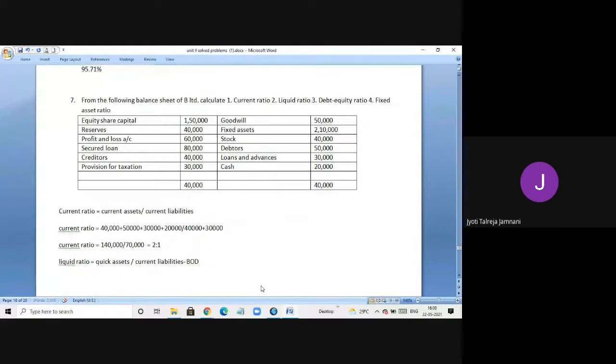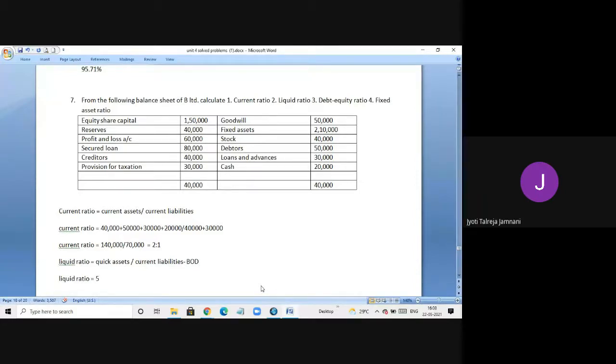If not, we are not going to do that. So liquid ratio is equal to current assets. We should not take stock and prepaid expenses. So current assets except stock and prepaid expenses, we'll take everything.